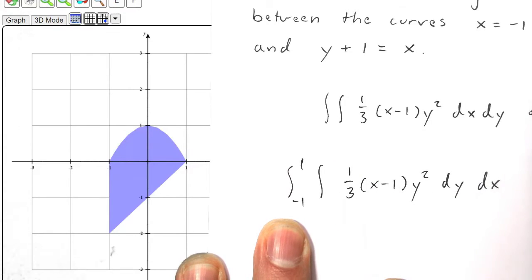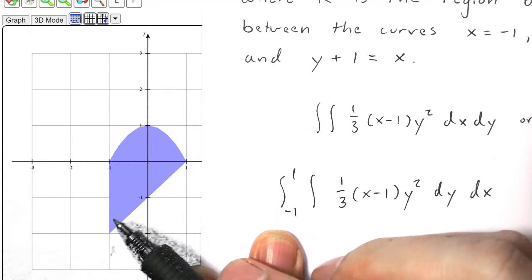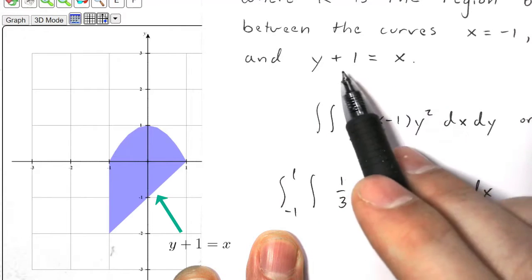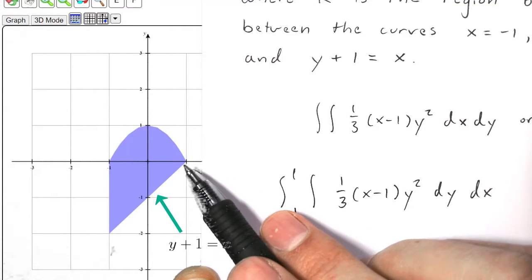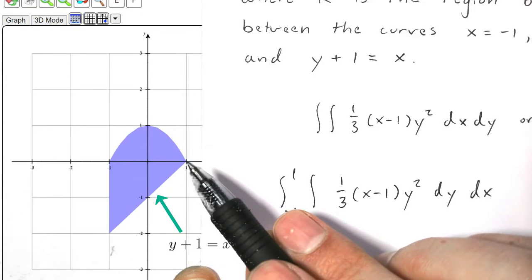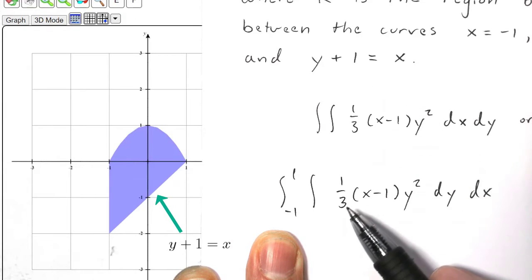What are these expressions? Well, they came from the curves that we were given. The bottom curve, this straight line, is given by y plus 1 equals x. That's what defines this line right here. That is the lower bound for my y's, so I want to put that down here.